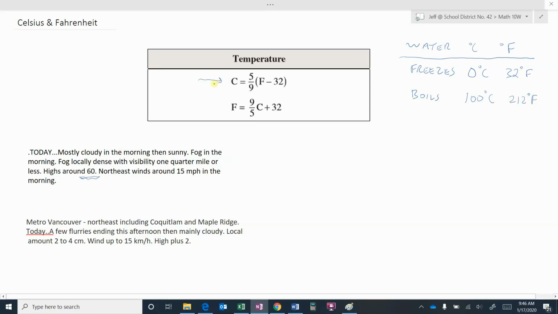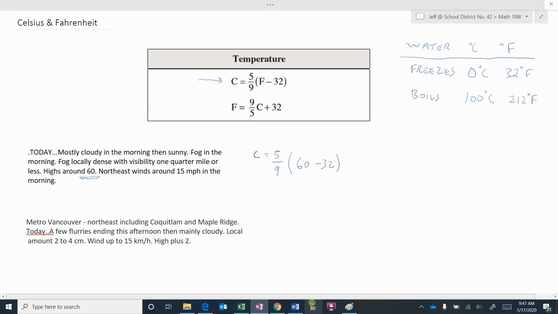And here's the formula we can use to convert Fahrenheit to Celsius. C would be the temperature in degrees Celsius, and F would be the temperature in degrees Fahrenheit. So if we wanted to know how warm it was going to be in degrees Celsius, we would go 5/9 times the temperature in Fahrenheit, which is 60, take away 32.